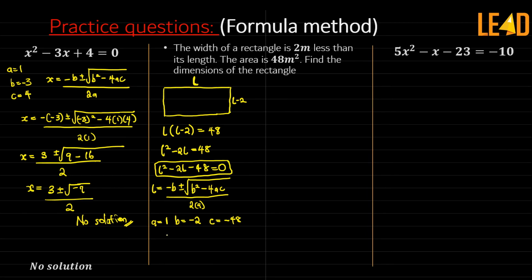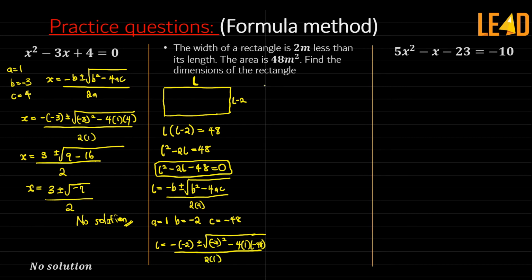So if I substitute that in, I would have L is equal to minus -2 plus or minus square root of -2 all squared minus 4 times 1 times -48, all over 2 times 1.